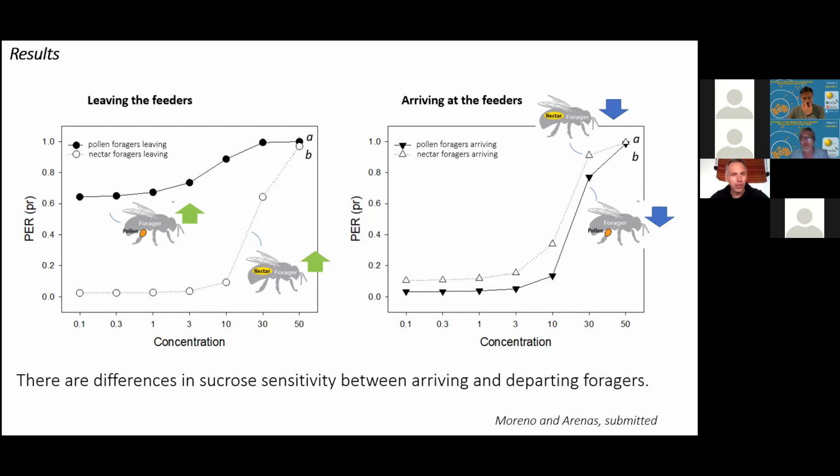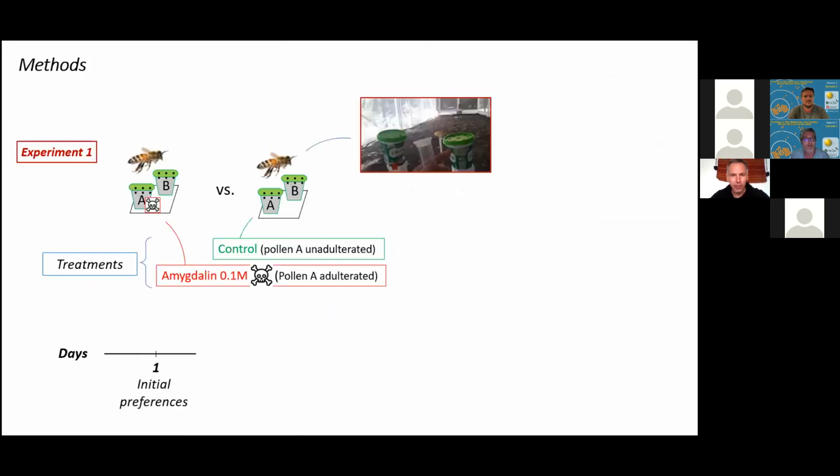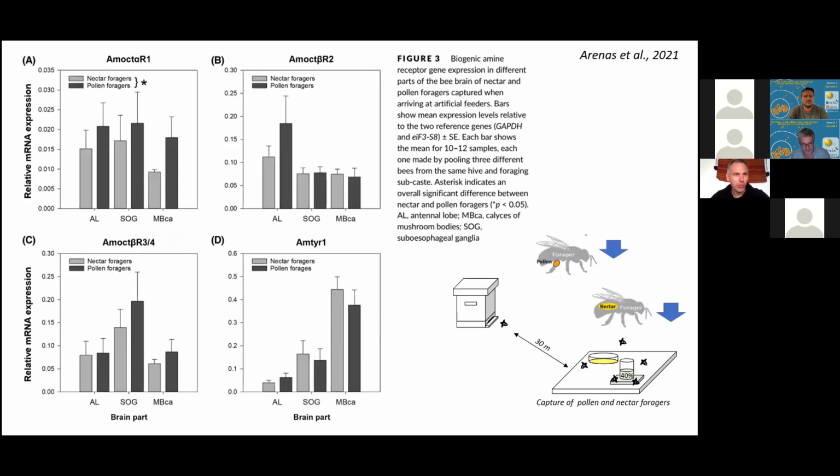What I can say about this difference in arriving and departing is that it was an experiment we performed with Christoph, indeed, 2 years ago, and it was not designed to check for differences at the level of octopamine receptors in bees arriving and departing, but I think it's somehow an insight into these differences.